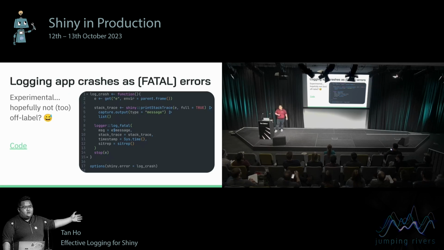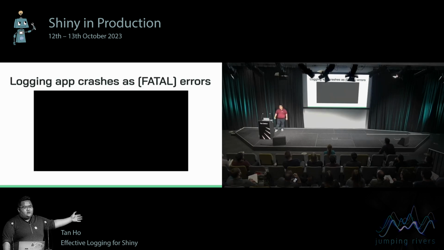The reason why it doesn't accept any arguments and why I couldn't just get E from the call is that I think it's meant to be used with recover or traceback. In our case, we want to attach a logger to it and then continue with the usual process. So it gets the log, it gets the stack trace, and then it sends log fatal with the message, stack trace, systime, and sitrep.